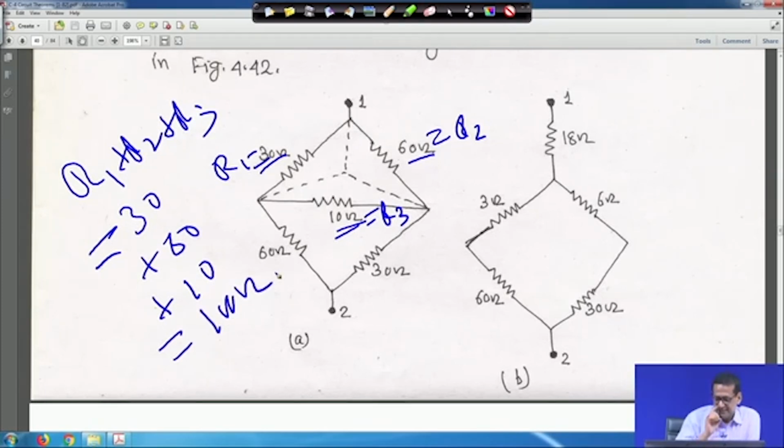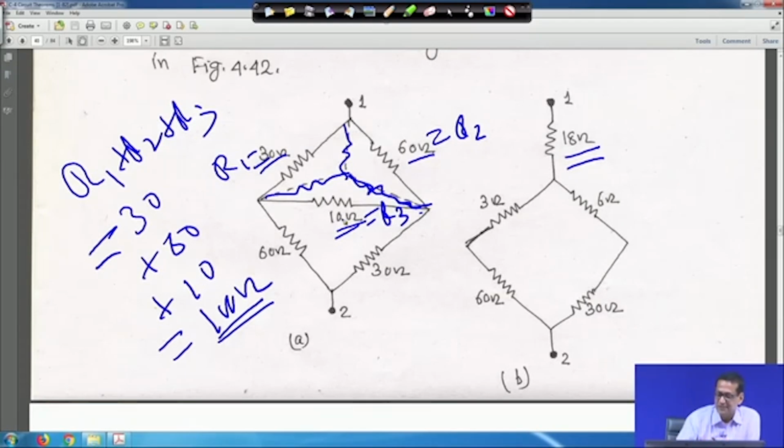And then you can find out the value of this branch, this resistance. So, 30 into 60, 1800 by R1 plus R2 plus R3. So, it is 18 ohm.